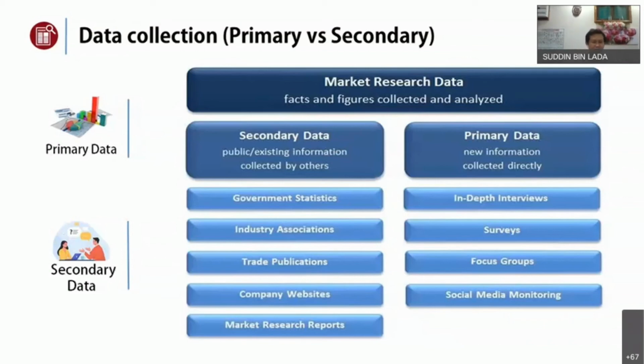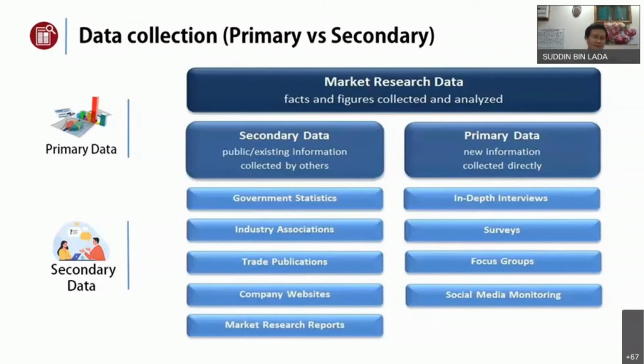That's all. All right. By looking at this slide, based on these pictures, market research data is an example. The secondary data reflects existing information collected by others, which is already published.